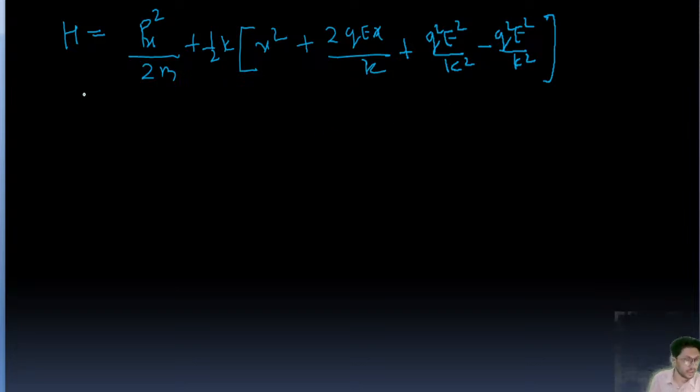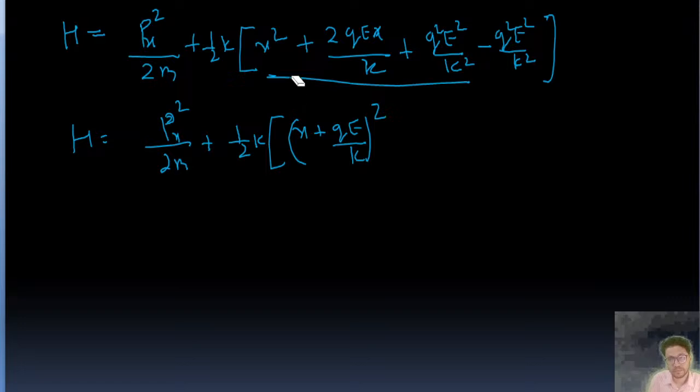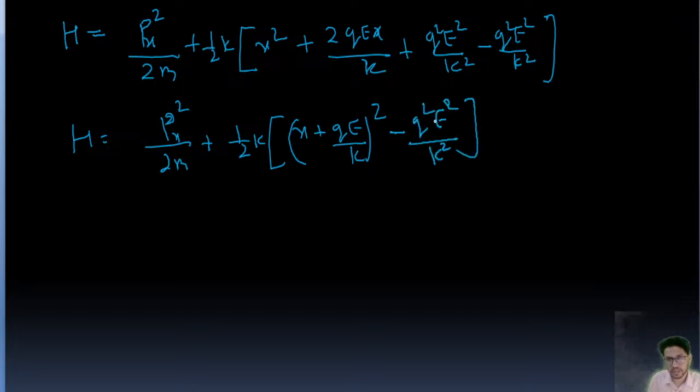Now H is going to be, it's just a calculation, Px square upon 2m plus half K into x plus QE upon K whole square. If you open it, we get this value, and this is minus Q square E square by K square.